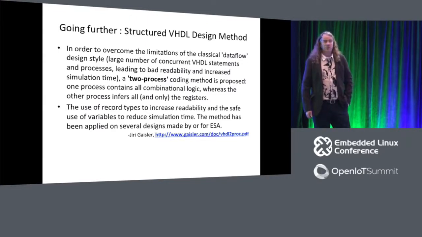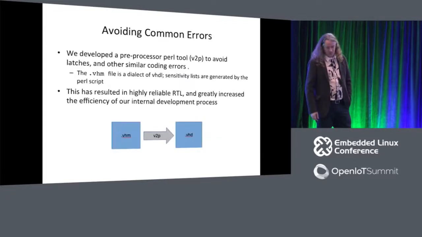And they're very complex processes, but it's different. So let's go along. And avoiding common errors, we have a preprocessor tool that does that for us. So you can't write, for instance, latches in VHM, which is sort of a dialect of VHDL. It's hard to make the mistakes that you would normally make.